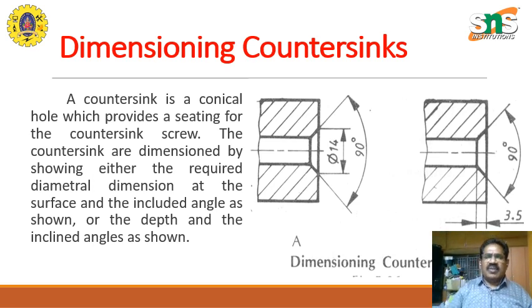Countersinks are used for screws to sink into the surface so that the head doesn't project out. So this is for countersunk screws, and this is how it is measured: how much depth the countersink should have, with an included angle of 90 degrees, and this distance is 3.5 mm.